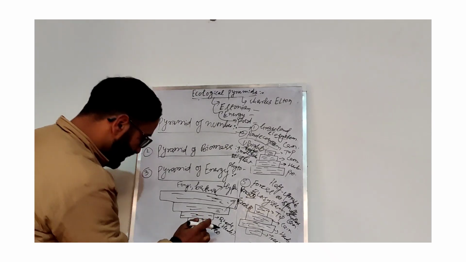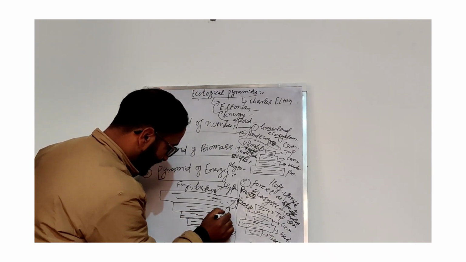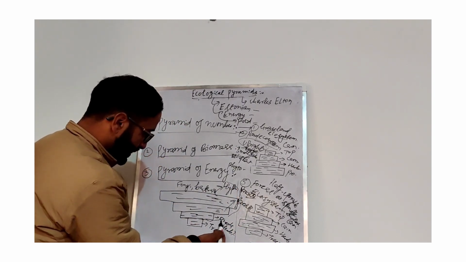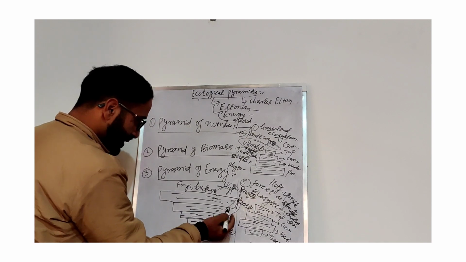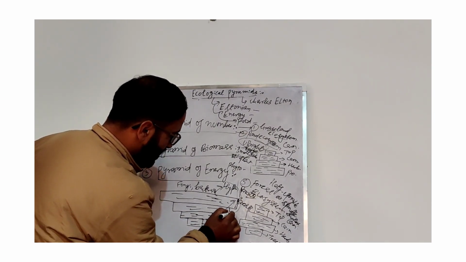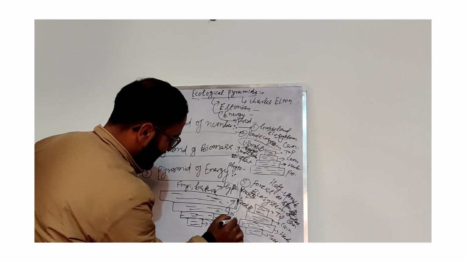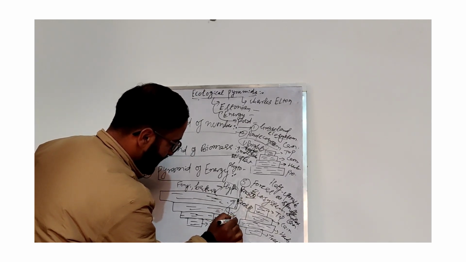If we see it from the second trophic level, birds, they are consumers. Then we are having parasites on them, parasites like lice, bugs.